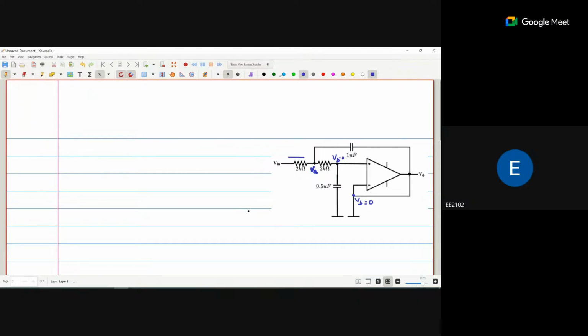Now the current that is flowing in this direction will go into this direction and this direction. And at this point, the incoming current will all go in this direction only, because there is no current in this direction, I is 0.